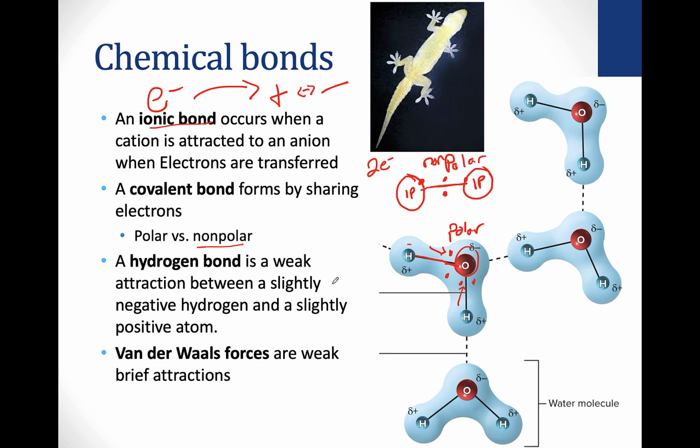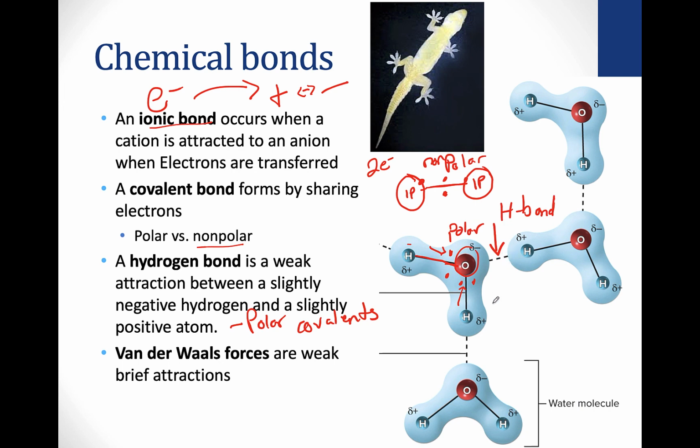A hydrogen bond is a weak interaction between molecules. So this only happens with polar covalent bonds. So here's a water molecule with a polar covalent. Here's another water molecule with a polar covalent. This right here is a hydrogen bond.